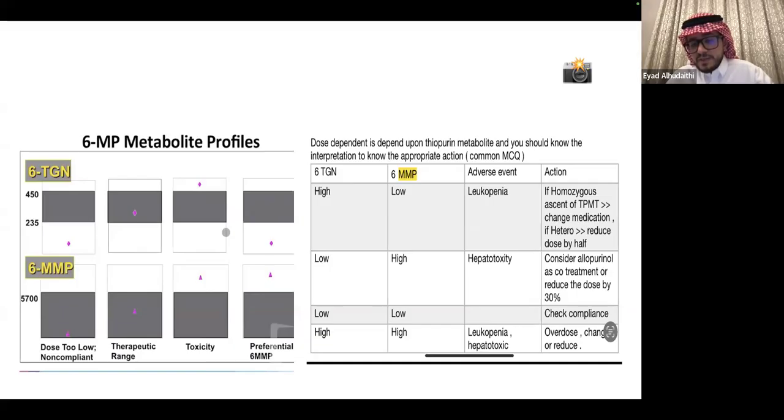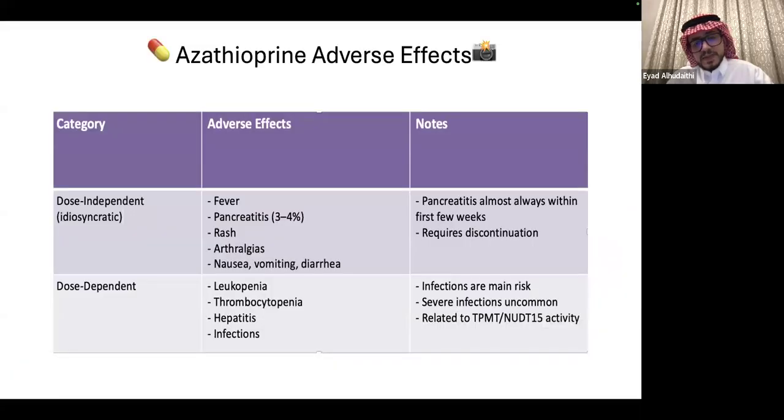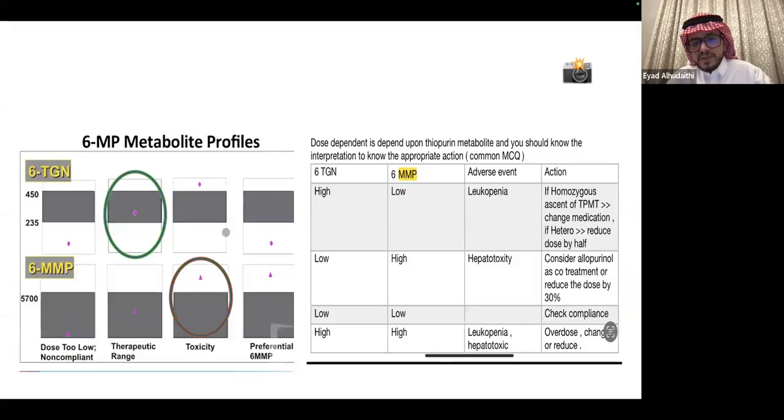And if both levels are high, there is a risk of leukopenia and hepatotoxicity, so it is an overdose, and you change or reduce. I want you also to take a screenshot of this, I hope you took a screenshot, because it's very important.